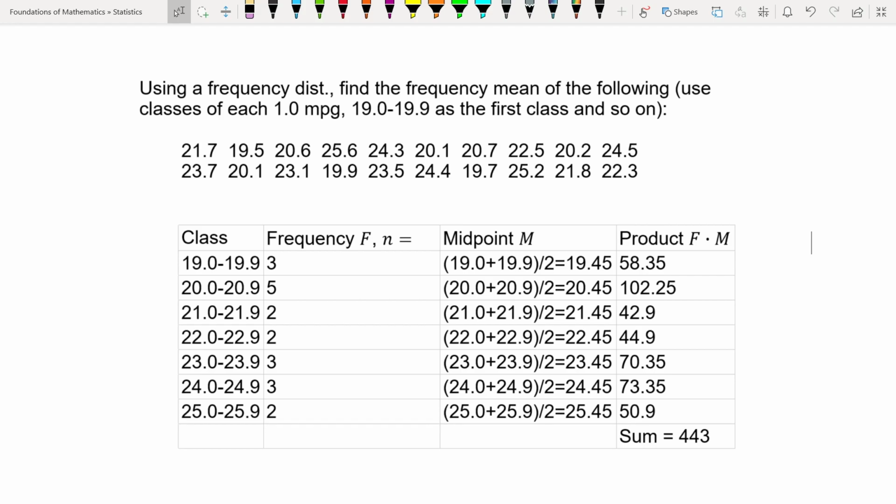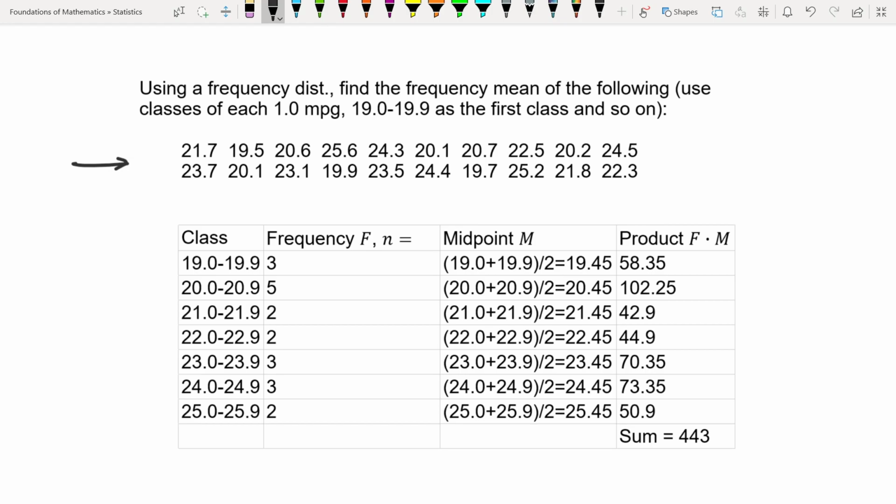We're going to use a frequency distribution to find the frequency mean of the following. And this set of numbers here are all the gas mileage for the 20 tanks of gas that the technician found for the car.